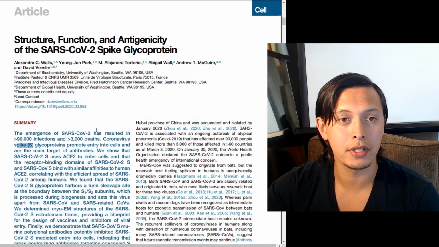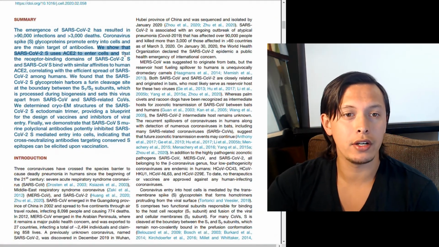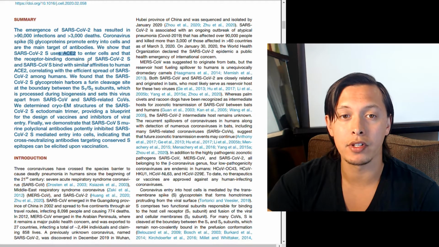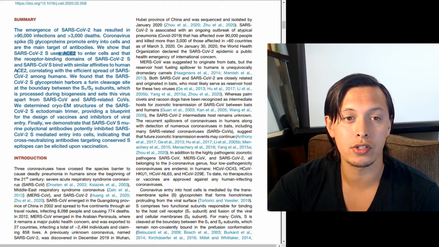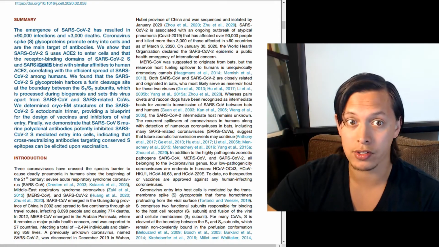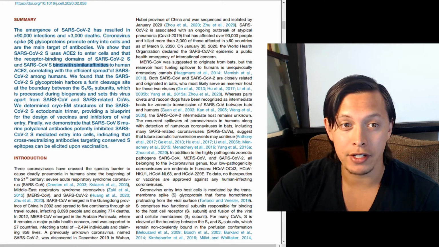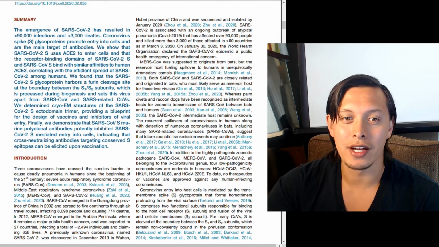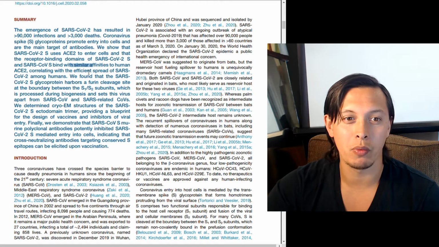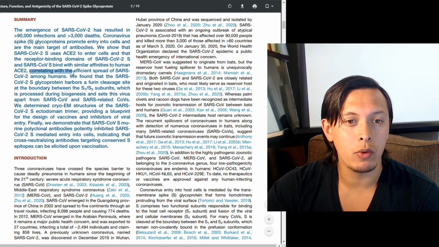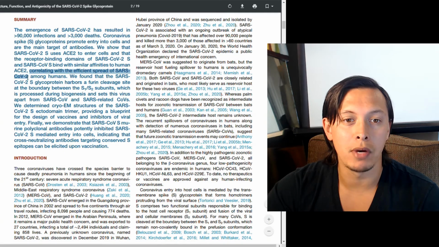Continuing, we show that the SARS-CoV-2 S spike uses ACE2, that receptor on your cells, to enter cells, and that the receptor binding domains of the SARS-CoV-2 S and SARS-CoV S, the original SARS S protein, bind with similar affinities to human ACE2. And similar is a relative term, so we are going to talk about that a little bit later. This correlates with the efficient spread of SARS-CoV-2 among humans.